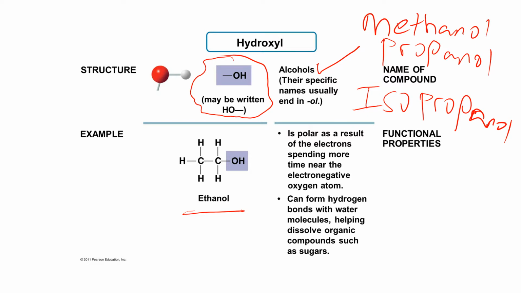Alright, so when you're looking at alcohols, they are polar. Alright, so again, think about what this word means in terms of polar. You're dealing with an atom that is highly electronegative. Well, things like nitrogen and oxygen and phosphorus and fluorine, these are all highly electronegative atoms.